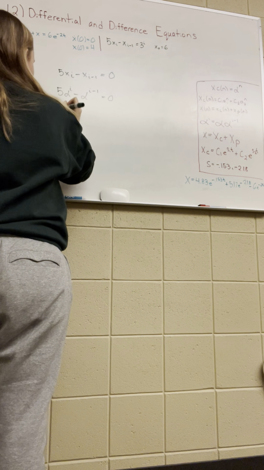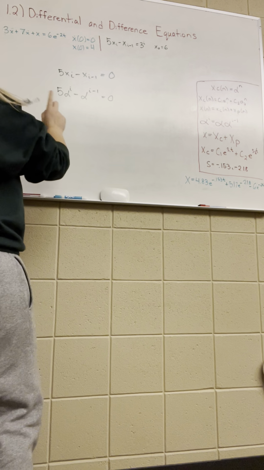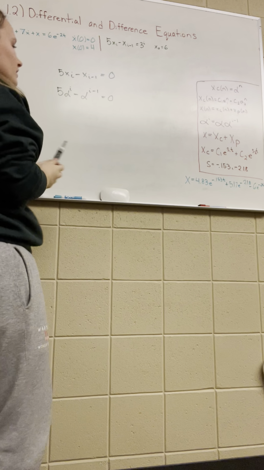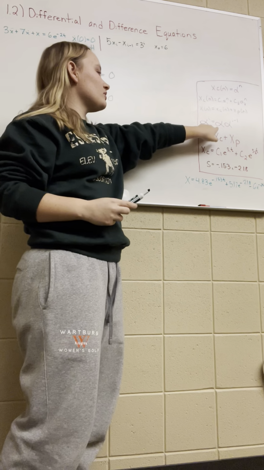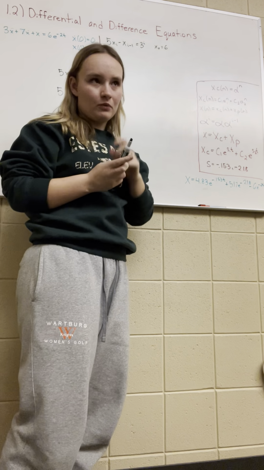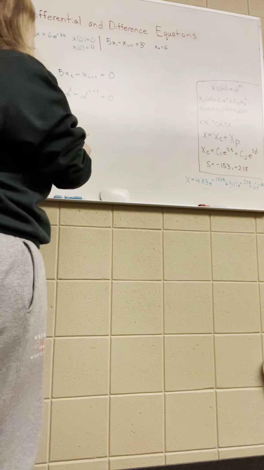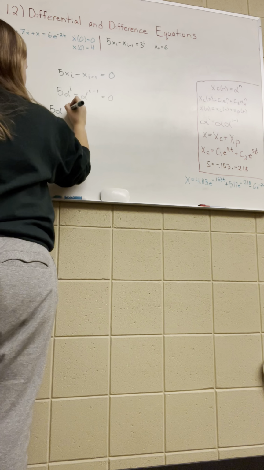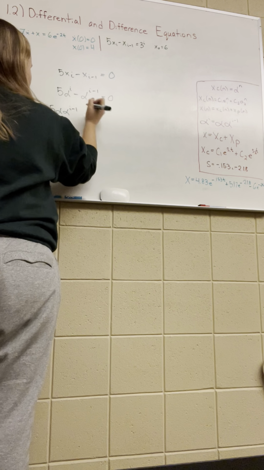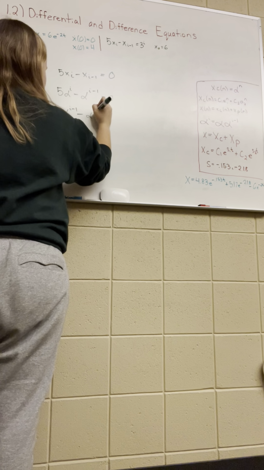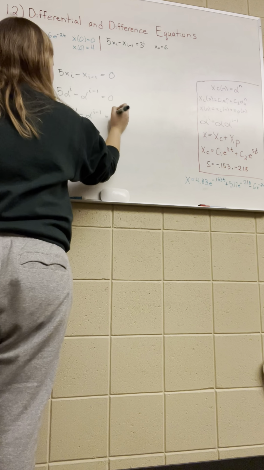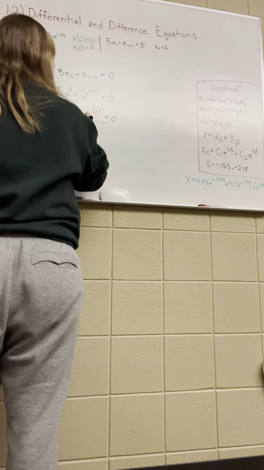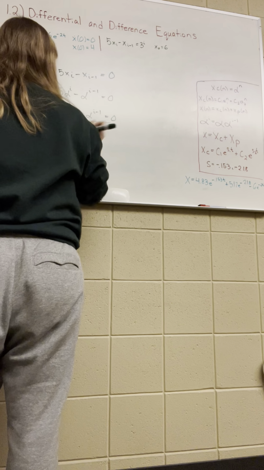So then from here, we also know that alpha to the i is actually equal to alpha times alpha to the i minus 1. We learned about that in class on Wednesday. So we will do 5 times alpha times alpha to the i minus 1 minus alpha to the i minus 1 equals 0. We will divide this all by alpha to the i minus 1.